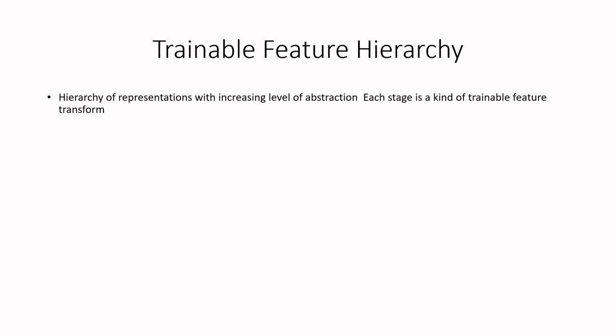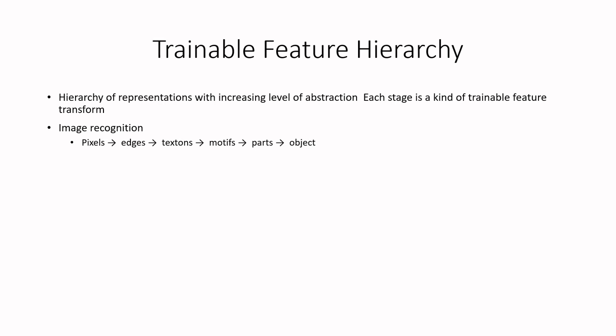So let's take a look at trainable feature hierarchy, which basically means a hierarchy of representations with increasing levels of abstraction. And each stage is trainable. We can say each stage is a trainable feature transform. To give you an idea, let's look at the case of pictures where we want to perform image recognition.